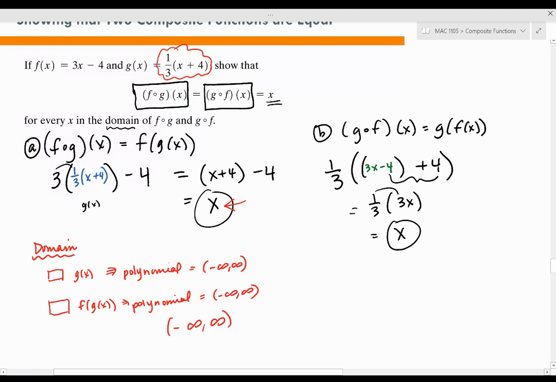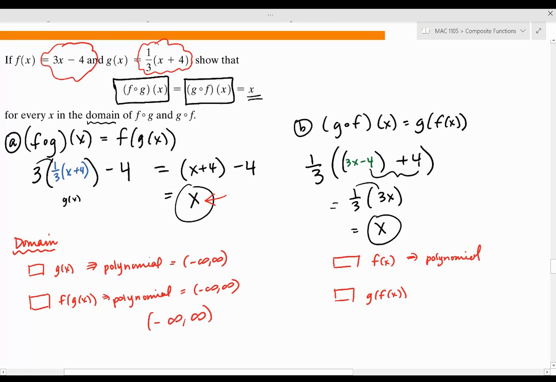All right, let's look at the domain for B. So if we're looking at those filters again, the inside function for this one was f of x, and this one was g of f of x. F of x is this function, which is also a polynomial, and its domain is all real numbers.